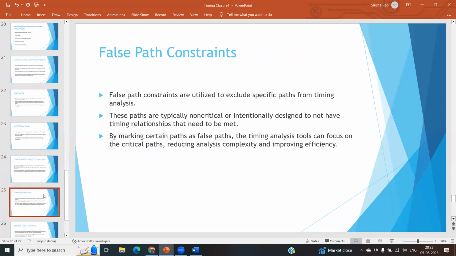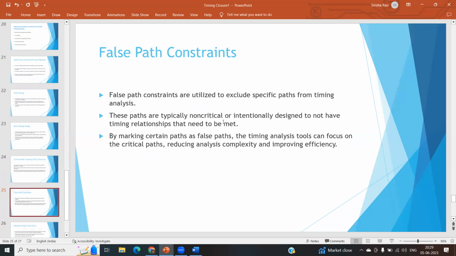Then we have the false path constraints. As we have seen earlier, false paths are paths which are physically present, but they are not functional or logical paths. The false path constraints are utilized to exclude specific paths from timing analysis.